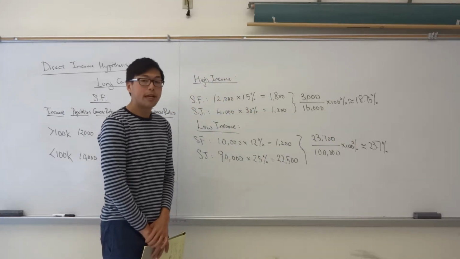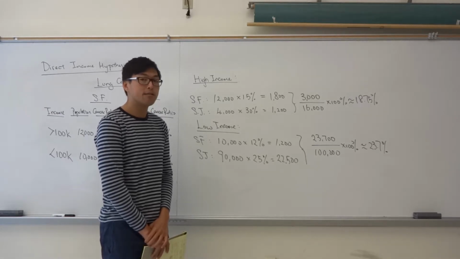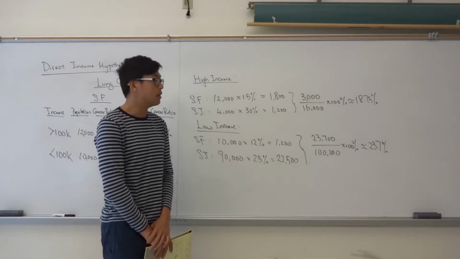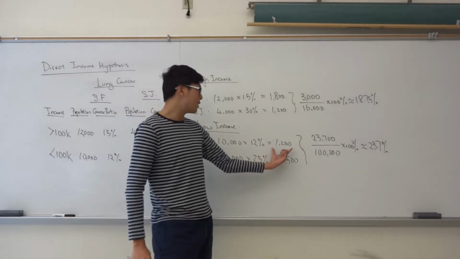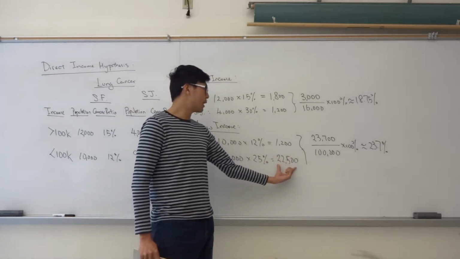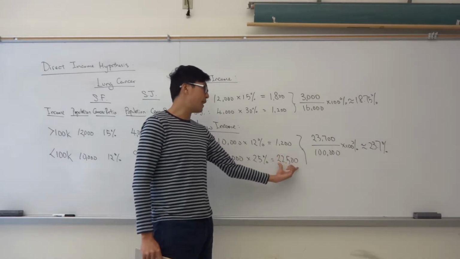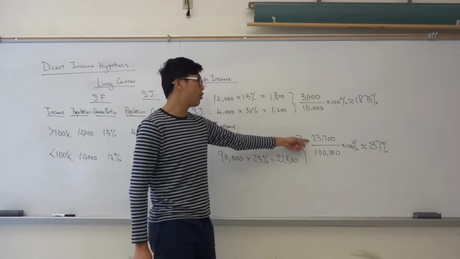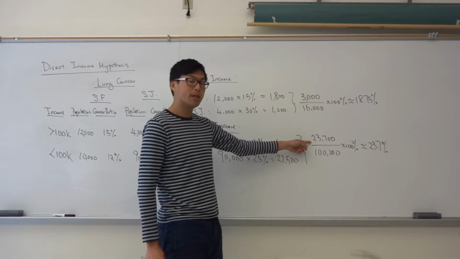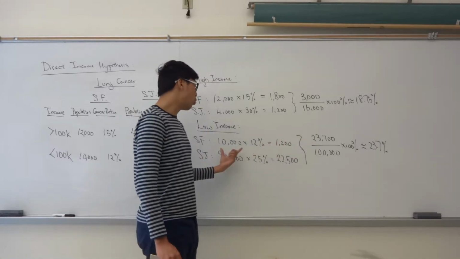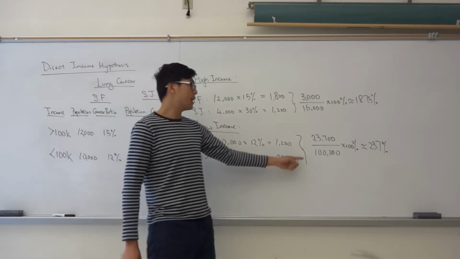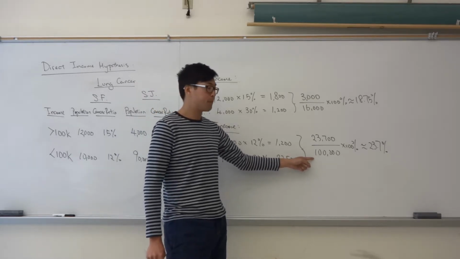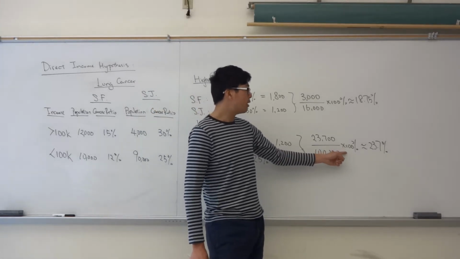On the other hand, we can also calculate the true cancer ratio for the low-income population. We combine the cancer patients in both cities, which adds up to 23,700 people, divided by the total low-income population in both cities, which combines to 100,000 people, and multiplied by 100%.